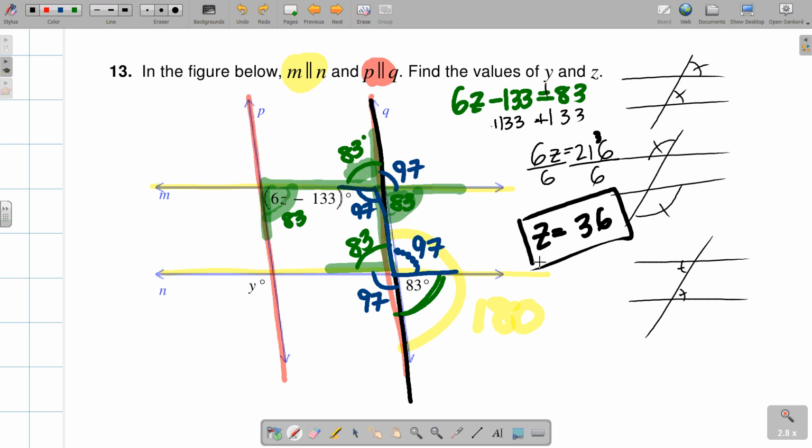Now, taking a look here, I have armpits of the Z. If this is 83, this right here is also 83. This is 97. This is corresponding angle. That means Y is also 97.